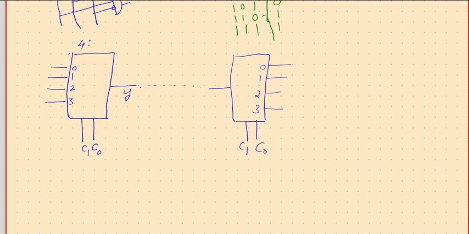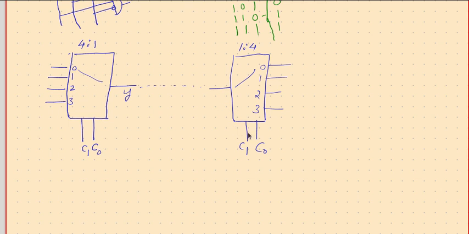This is a 4 to 1 multiplexer, and this is 1 to 4, which is the opposite function of this. Whatever is input goes out to the appropriate line. So it works in the reverse way as this. This is called a demultiplexer, and this is called a multiplexer.